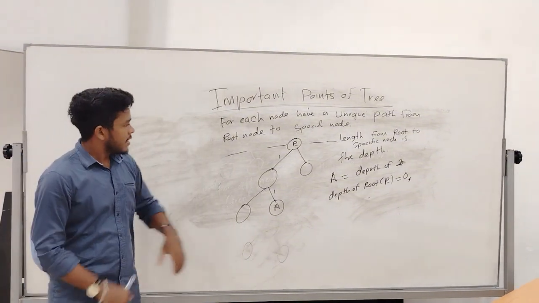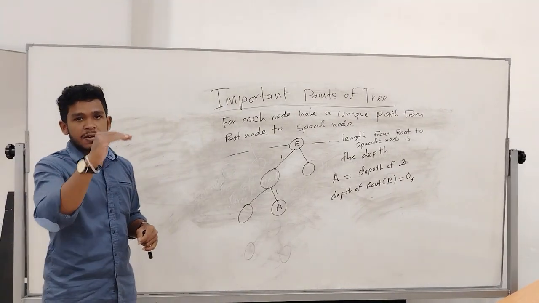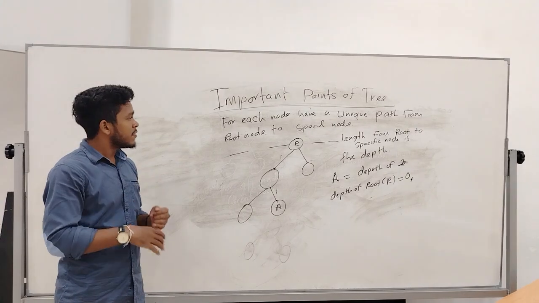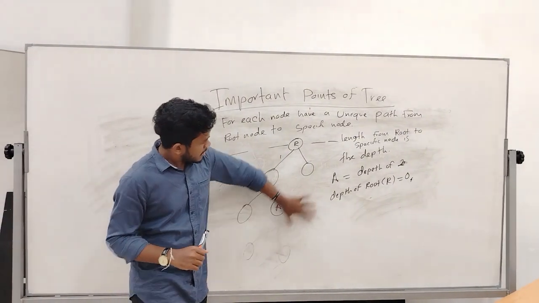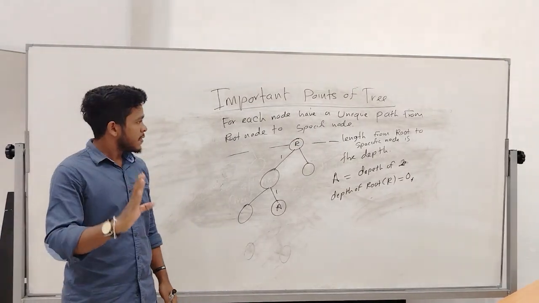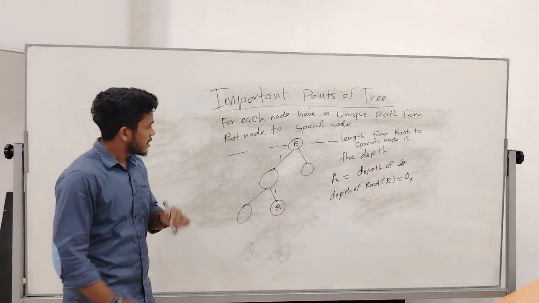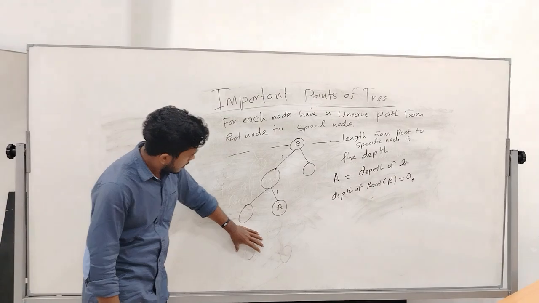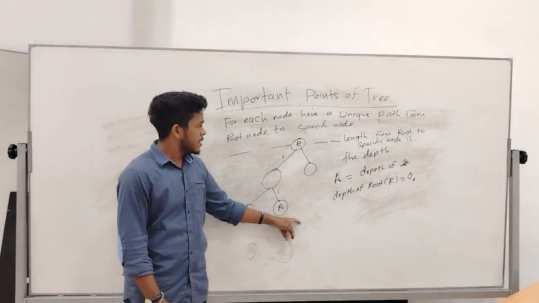Now the height of a tree is defined as the maximum depth of any node within the tree. So the height of this structure is the maximum depth of any node within the tree.